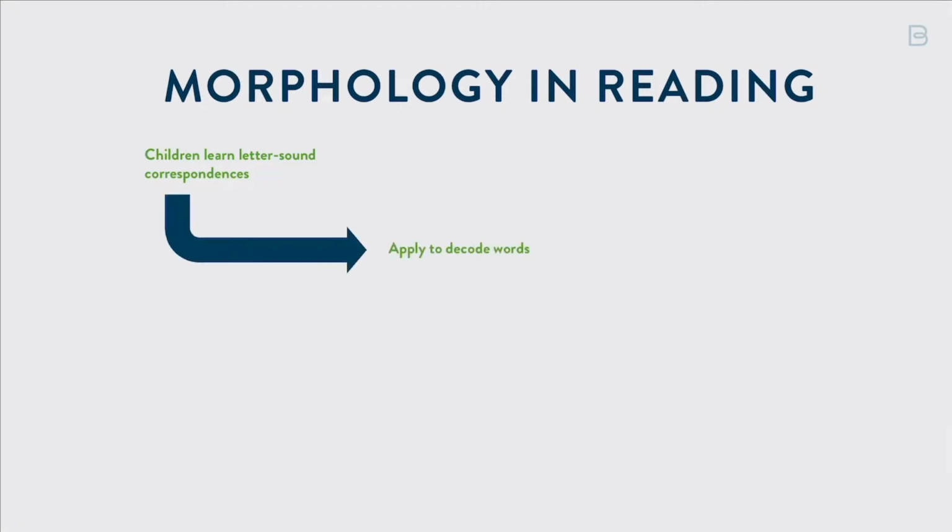Now, morphology in reading. How morphology comes into play when we're teaching reading. Children typically learn letter-sound correspondences first, and they are encouraged to apply these letter sounds to decoding words. As the reading instruction ensues, the words are going to become increasingly larger chunks.